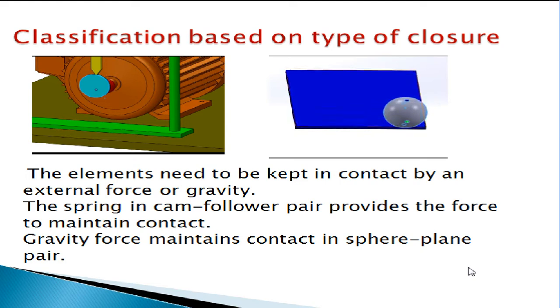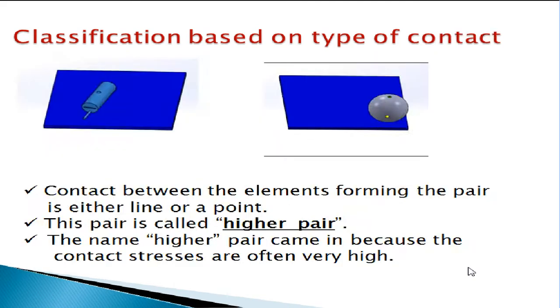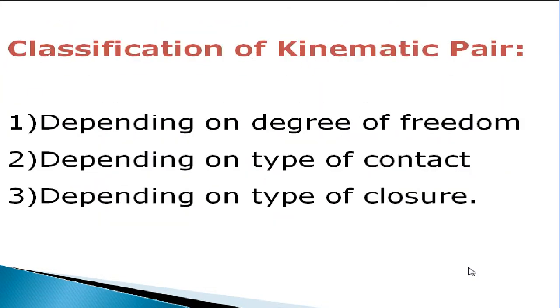To summarize all we have seen so far, kinematic pairs can be classified into three different schemes. One, depending on the degree of freedom, you can classify it as DOF 1, 2, 3, 4 or 5 kinematic pair. Depending on the type of contact, you can classify it as lower pair where surface contact exists, or higher pair where line or point contact exists.